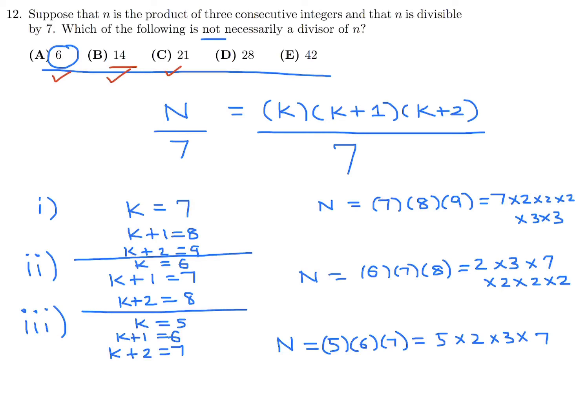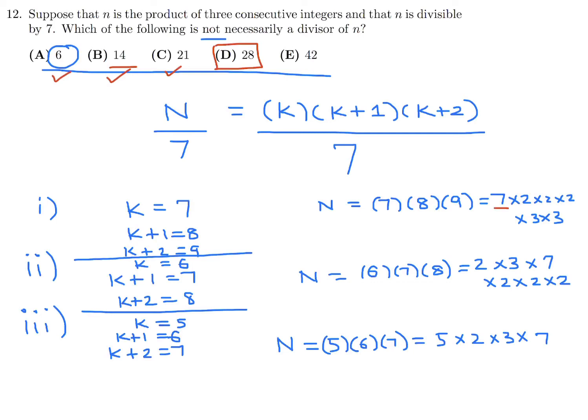How about 28? 7 times 2 times 2 is 28. 7 times 2 times 2 is 28. But in this one, 7 times 4 is not possible. Okay, so 28 is not possible. And just for the sake of completeness, let's see if 42 is possible. 42 would be 7 times 6, correct?